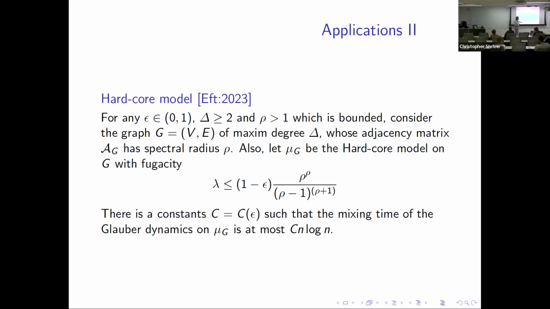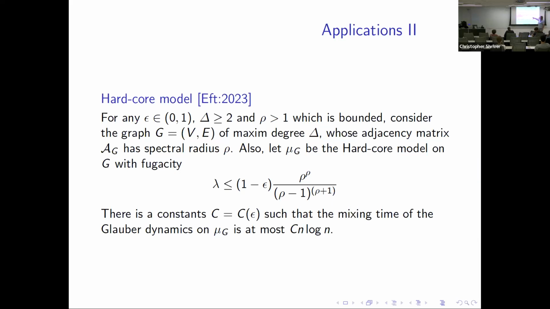So here what I have is, suppose I have a graph G of maximum degree delta. Now delta must be bounded, right? And suppose that the adjacency matrix has a spectral radius R, which is bigger than 1, sorry.